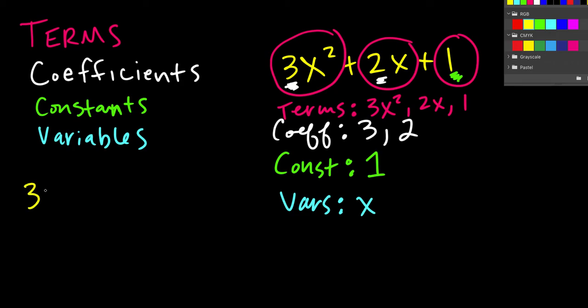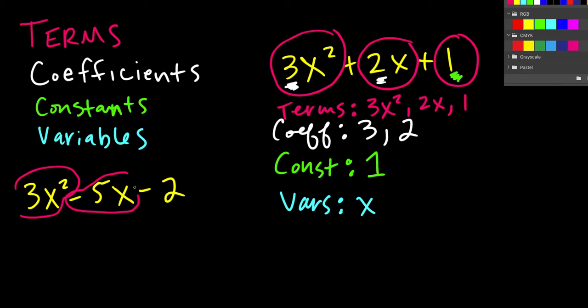So if I have 3x squared minus 5x minus 2, if we're talking about terms, it's going to be this, this, and this.